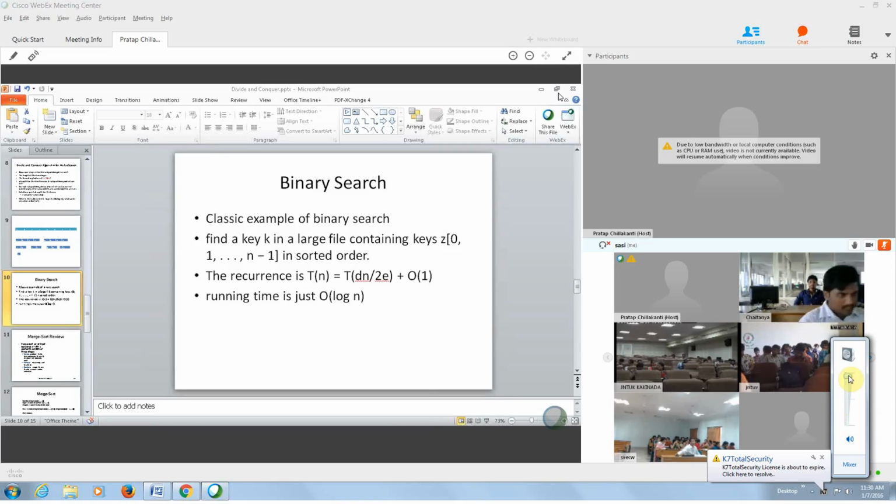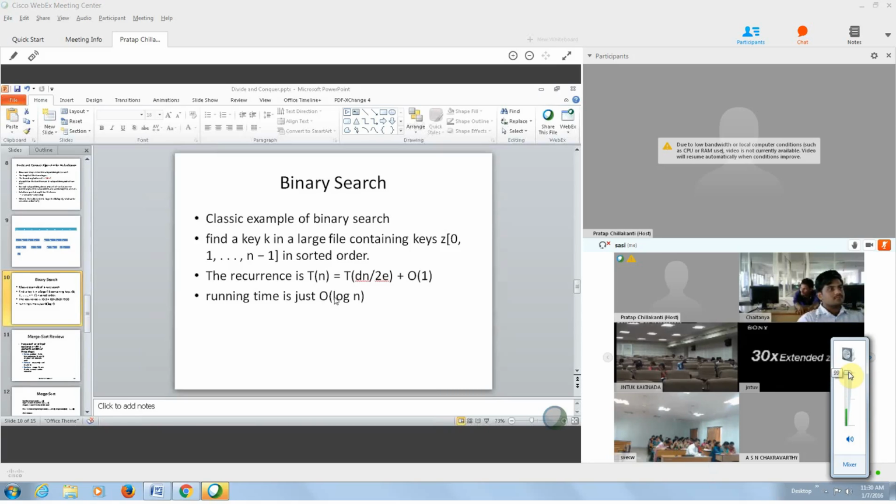Now, what is the recurrence for that? Basically, there's a formula here based on the depth. I think I mistyped something here. I'll correct it and put it in the notes. But the running time for searching for an element in a sorted array using binary search is log n. Is log n better than, let's say, n?